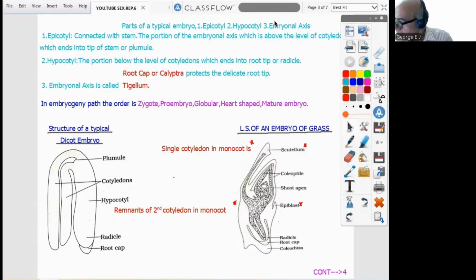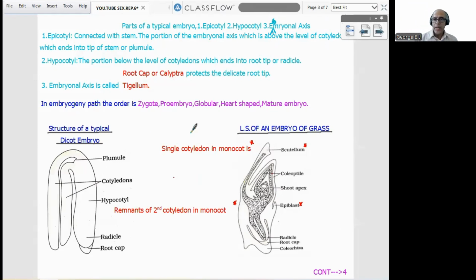Here you can find B is missing. Embryonal axis, otherwise called tigellum. Epicotyl, hypocotyl, embryonal axis.